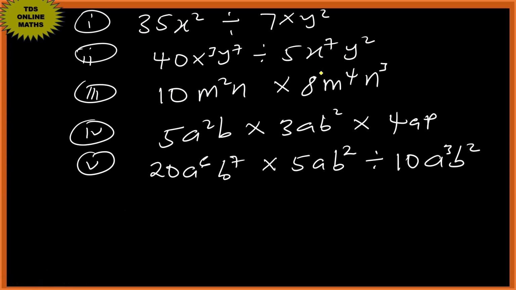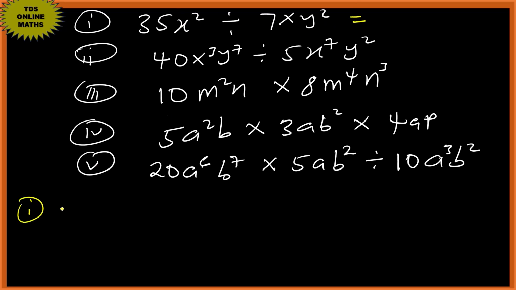Alright, so take your pencil and your paper, then solve the following examples. So you have the first one as 35x squared divided by 7xy squared. Okay, so just divide this one by that.